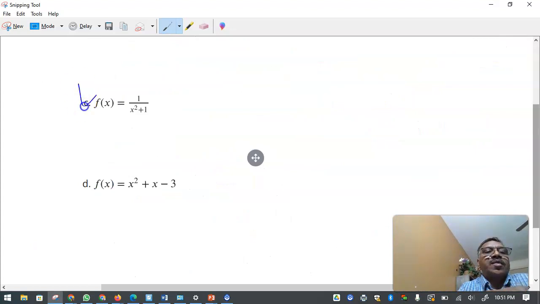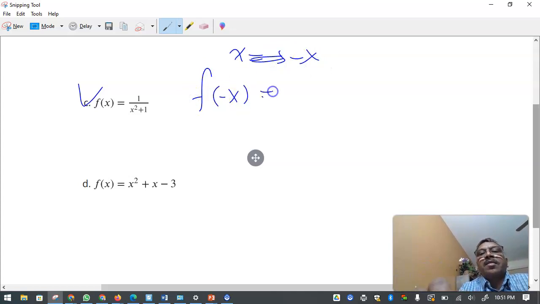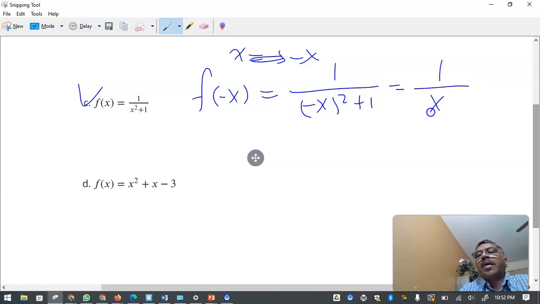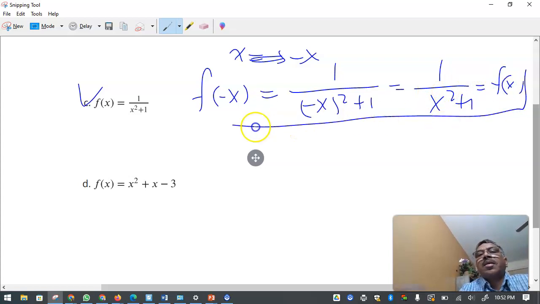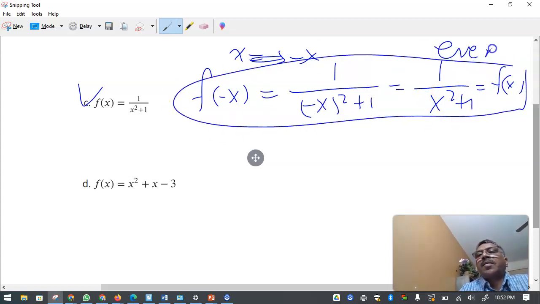Okay, this is the C. Again, let's put x equals minus x and see what happens. So f of minus x is 1 over minus x the whole square plus 1. And this is 1 over x squared plus 1, that is f of x. So clearly you can see this is an even function.